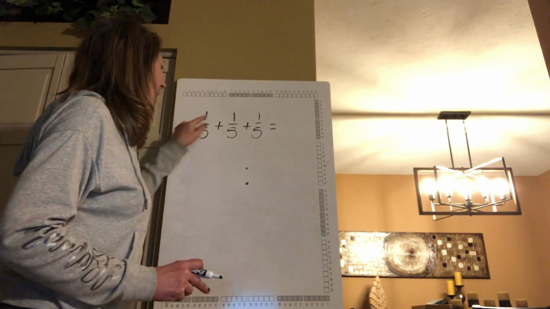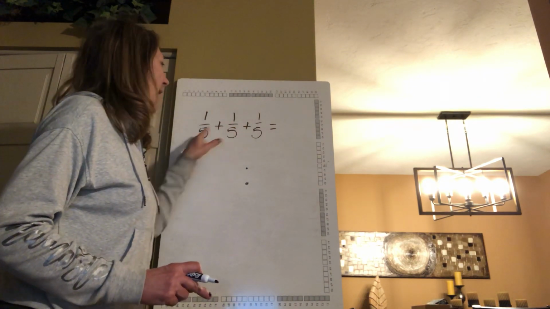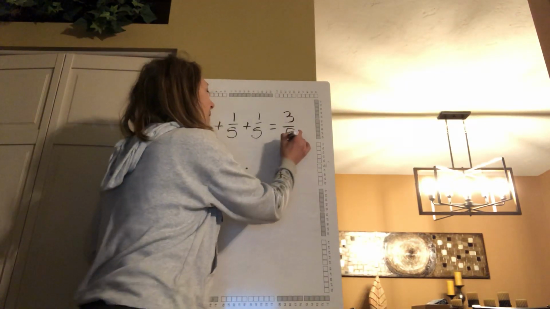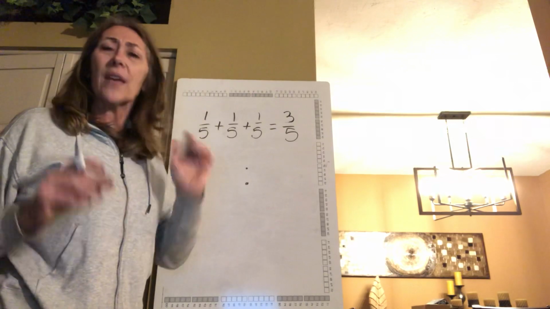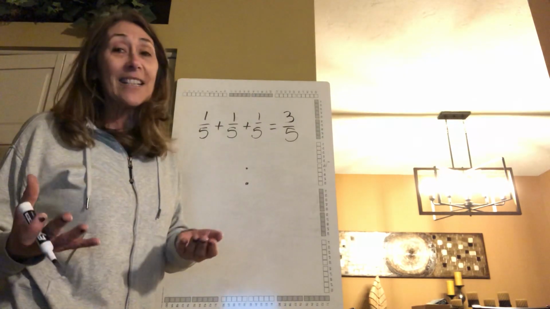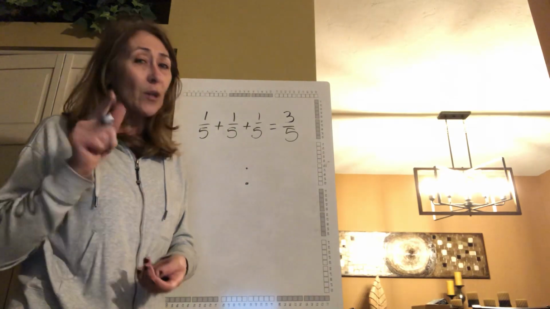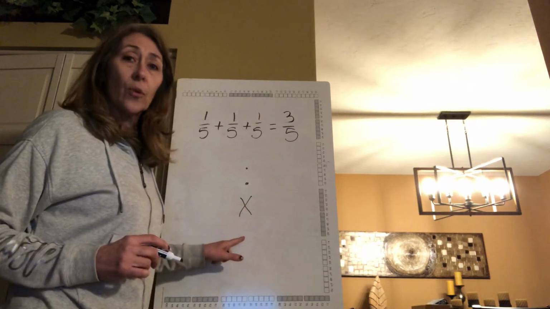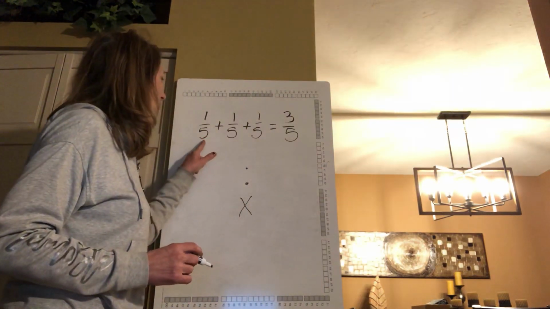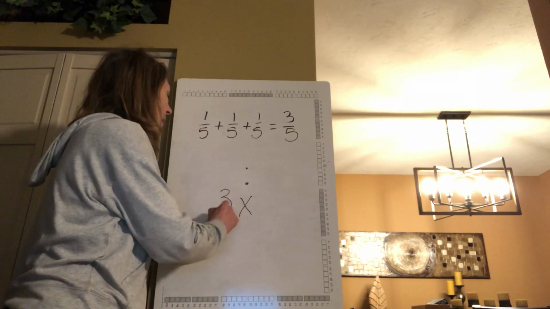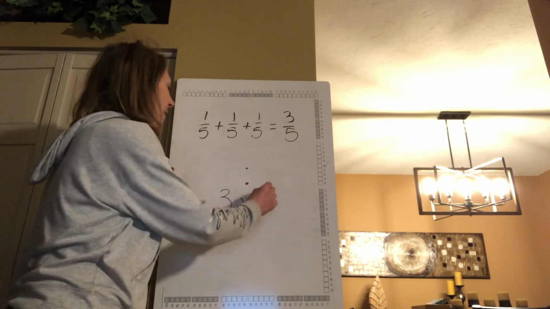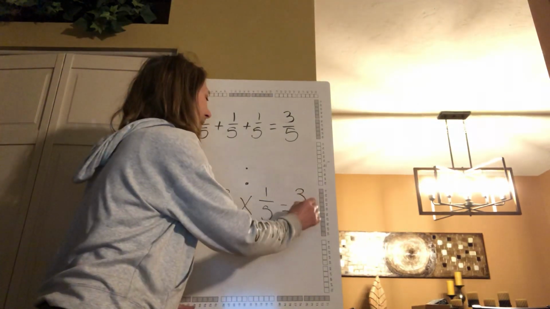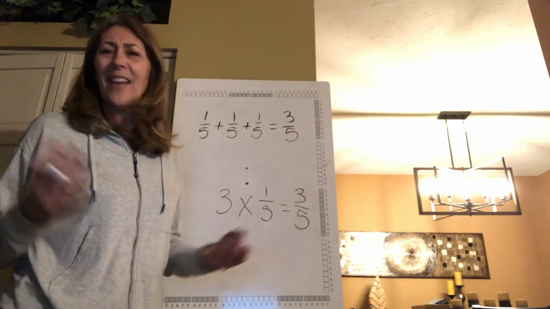So I have 1 of those 5, 2 of those 5, 3 of those 5. 1/5 plus 1/5 plus 1/5 equals 3/5. Now, I know that multiplication is just repeated addition because we learned that a long time ago and we're darn smart in here. So, what do we have? This says groups of. How many groups do we have? 1, 2, 3. 3 groups of 1/5 equals 3/5. It's all related.